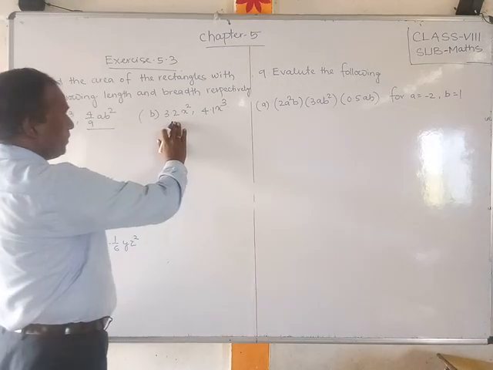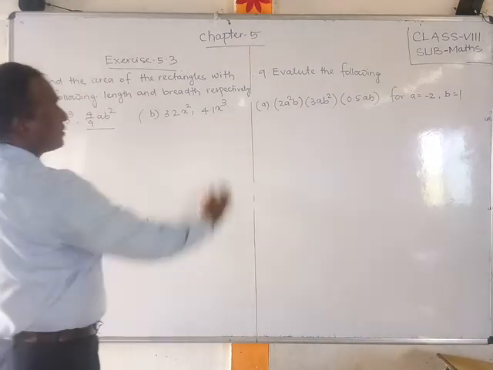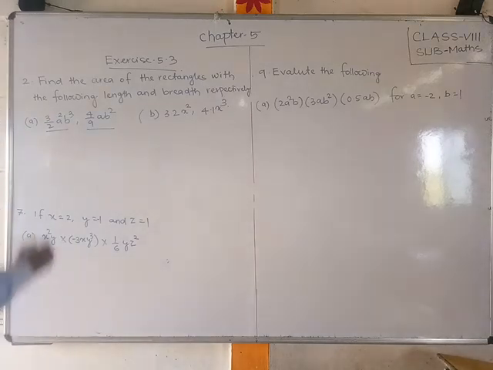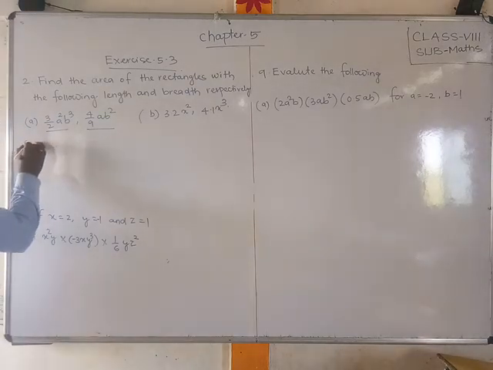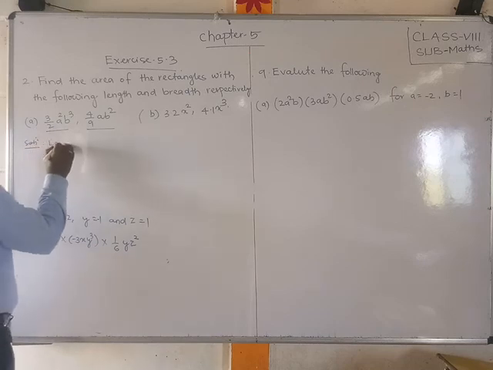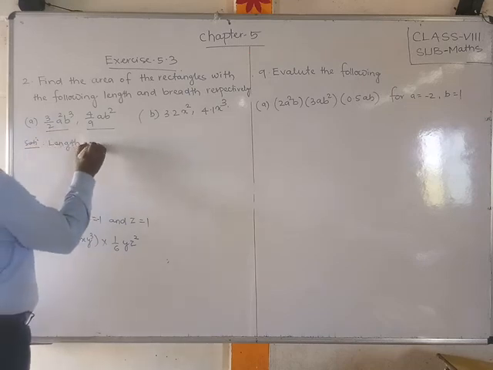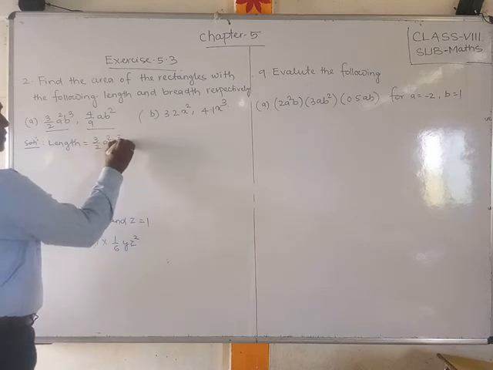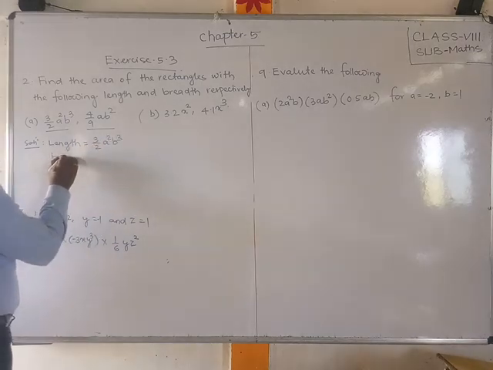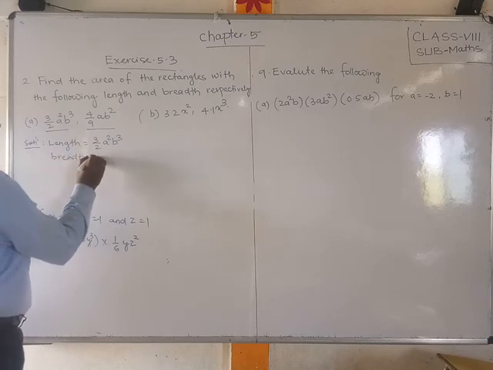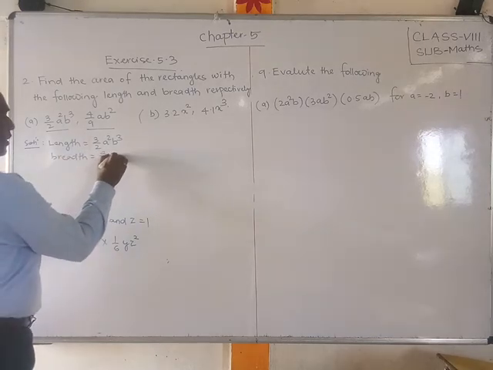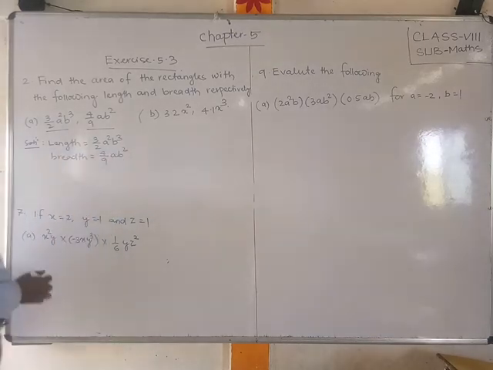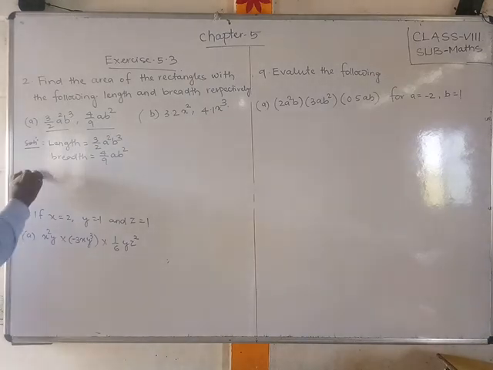First of all we have to write down the solution. Length is equal to 3 by 2 a square b cube, and breadth is equal to 4 by 9 a b square. Okay friends, so what is the area?